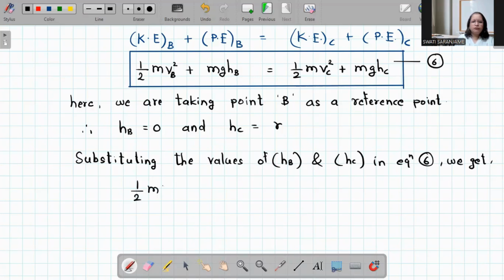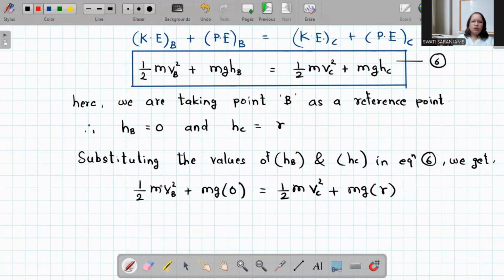half mVB square plus mgHB, which is now 0, is equal to half mVC square plus mg, as we know HC is R. Again, in this equation, on both sides, m, which is the mass of the object, appears in every term, so it cancels out, and what remains is half VB square.